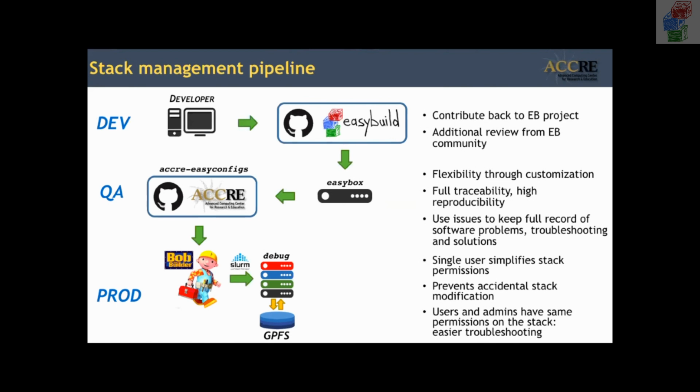So in our debug queue, we have multiple nodes of all the different architectures, and we build the software one time on each architecture. If I'm building something, I'll build it 4 times for the 4 architectures. And the debug queue is connected directly to the stack on GPFS, so the debug nodes can read and write from the stack on GPFS.